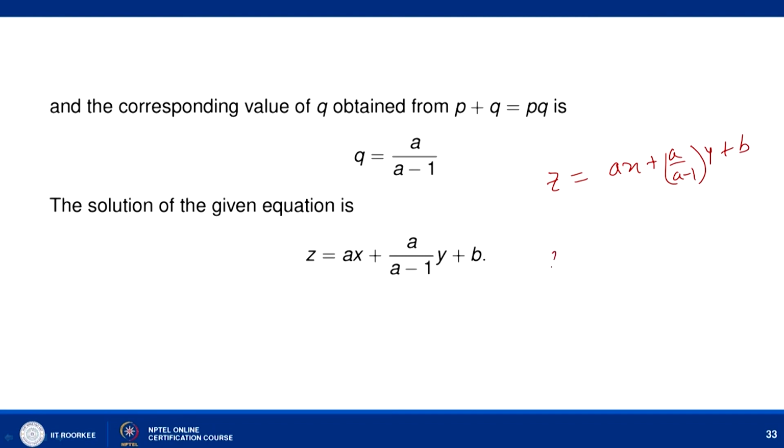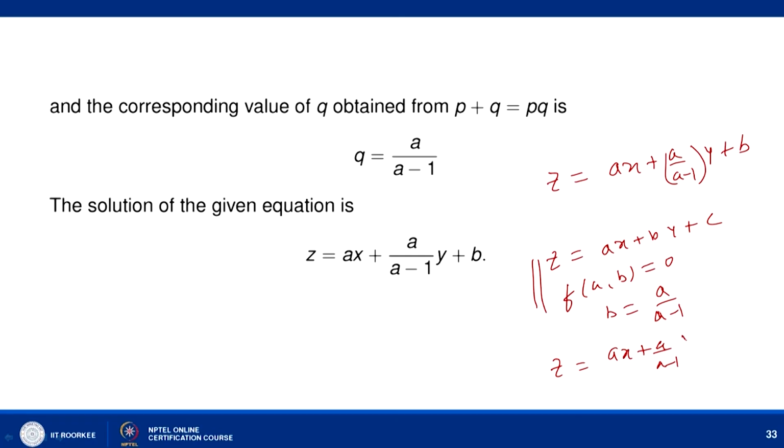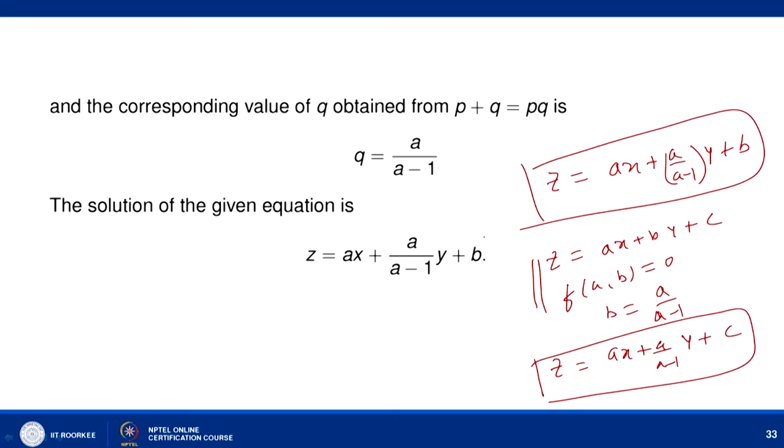Or if I look at ax plus by plus c, we have already noted that f of a, b equal to 0, and by solving this we have b equal to a upon a minus 1. So here also we have ax plus a upon a minus 1 y plus c. You can see that in both cases your solution is matching. The only thing is that your arbitrary parameter b is now represented as c, that's all.